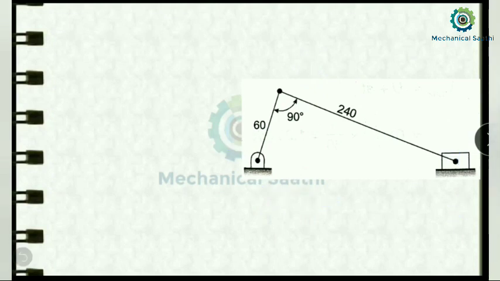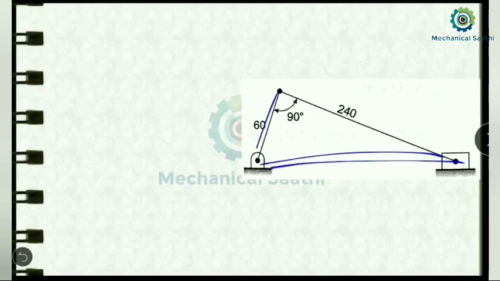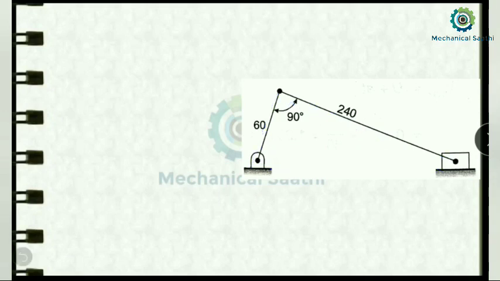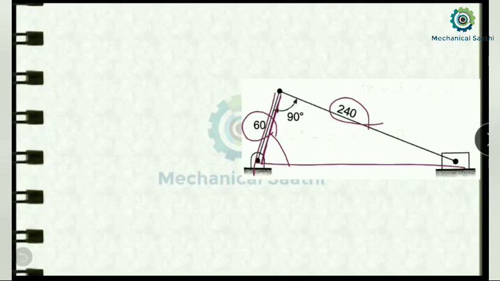Now, considering this triangle, we can calculate the value of this angle, because this 60 is given and this 240 is also given. After finding this angle we can find this other angle also.